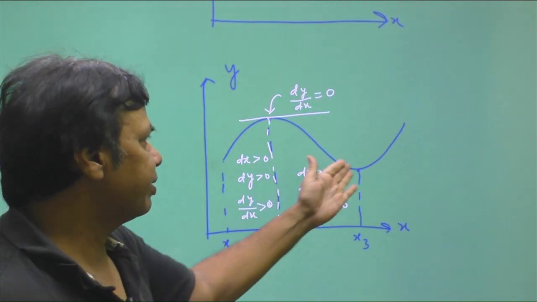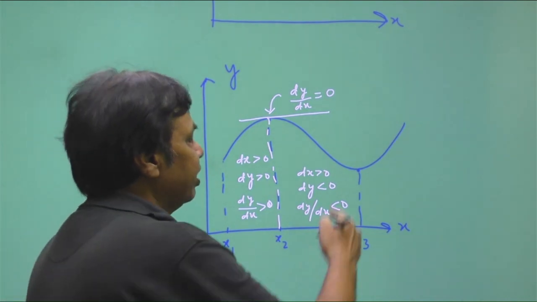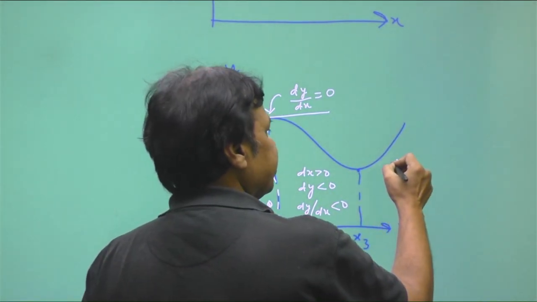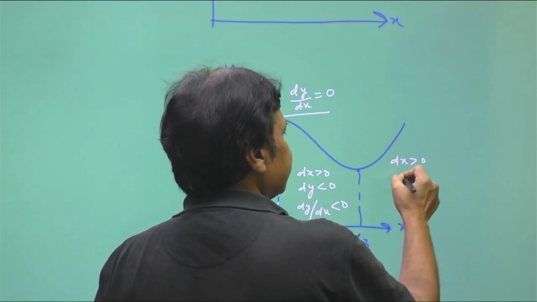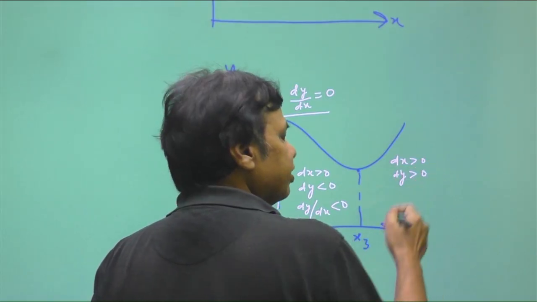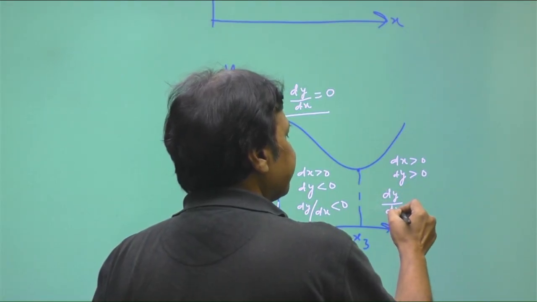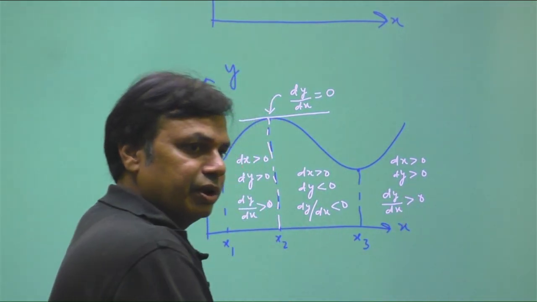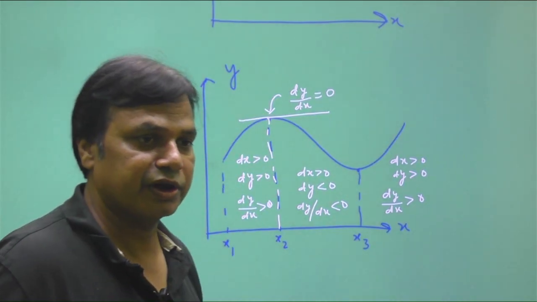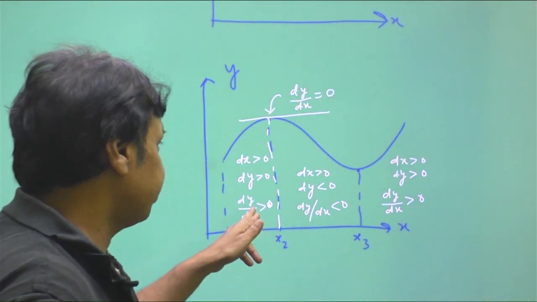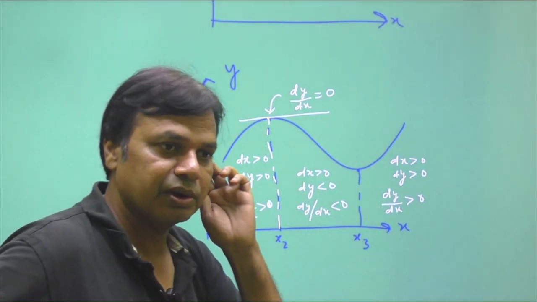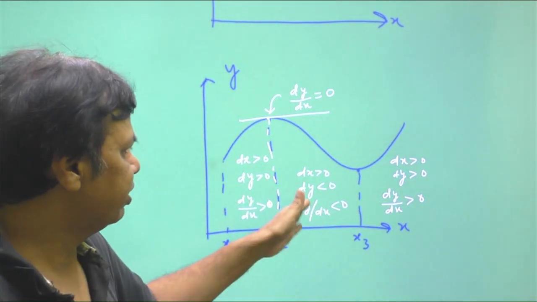In the same manner, in this region, dx is again equal to 0, but dy is greater than 0. So in this region, dy by dx is greater than 0. That means when a curve rises, dy by dx is positive. When a curve continuously falls, dy by dx is less than 0.